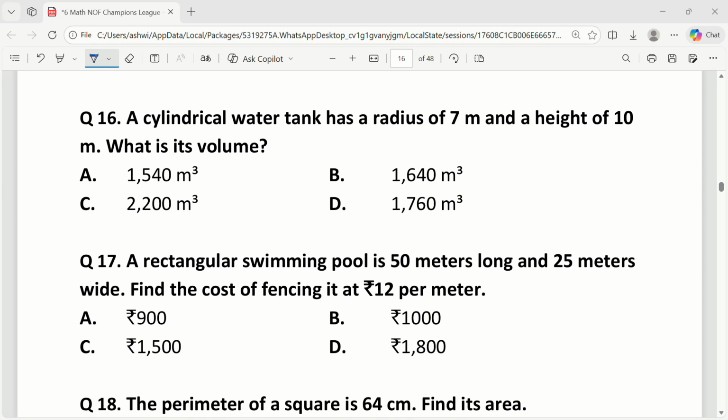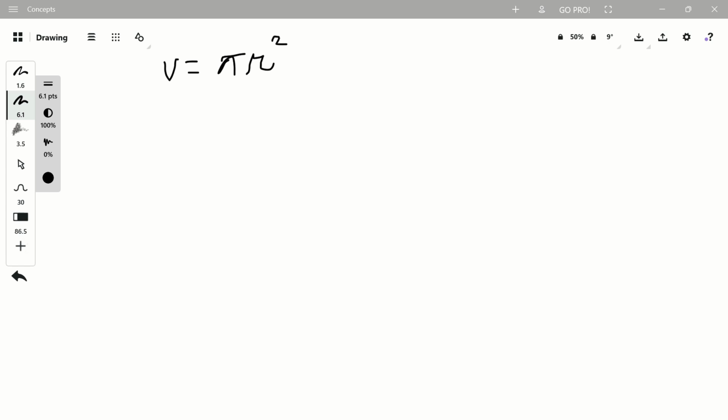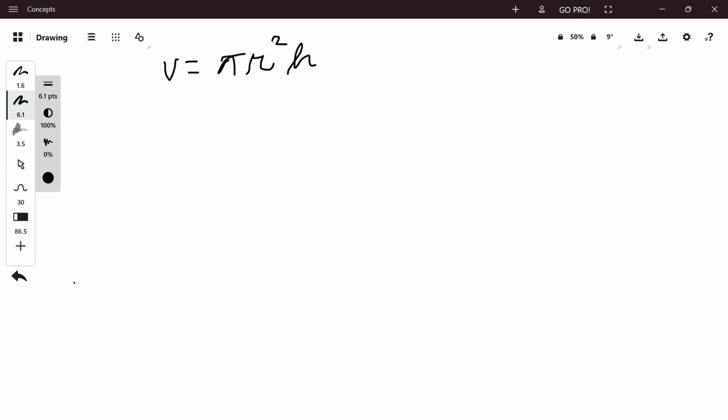Question 16. A cylindrical water tank has a radius of 7 meter and a height of 10 meter. What is its volume? The volume V of a cylinder is given by the formula V is equal to pi r square h, where r is the radius and h is the height.